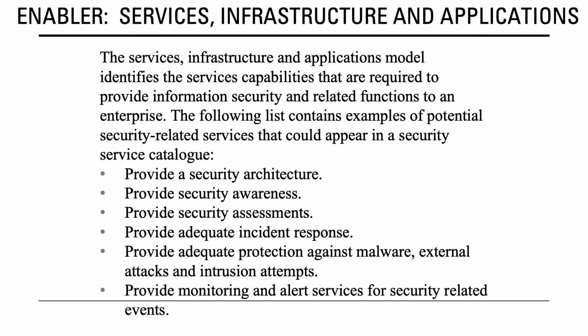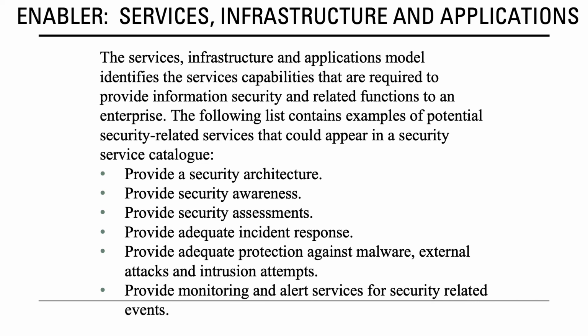As well as information, there are also services, infrastructure, service models, and capabilities that need to be built in as part of our strategy and as part of the Cobit 5 framework of how we're going to be implementing our information security strategy.